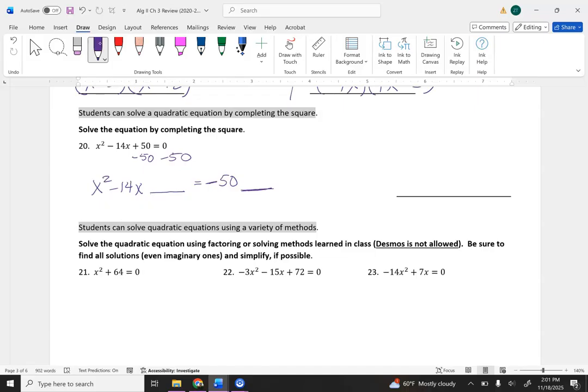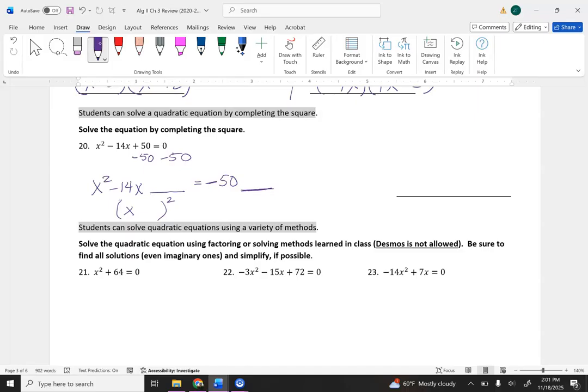All right. So the way to figure this out, we learned in class, is to look at that middle term, negative 14. When we factor this out, after we've completed the square, it's going to be x minus or plus something, squared. And the number that goes in this parenthesis can be figured out by figuring out what's half of this b value.